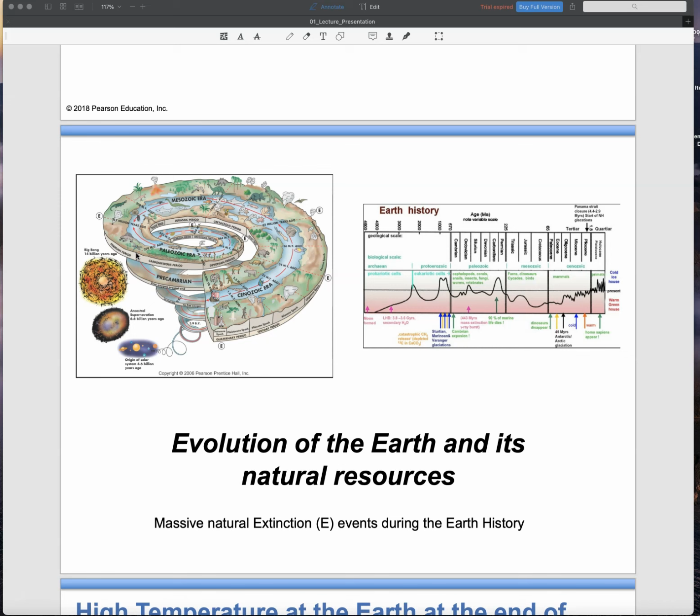but also we need to take care of them, because if we consume all the hydrocarbons at the rate that we are doing today, most likely they are not going to last for a long period of time on our planet.